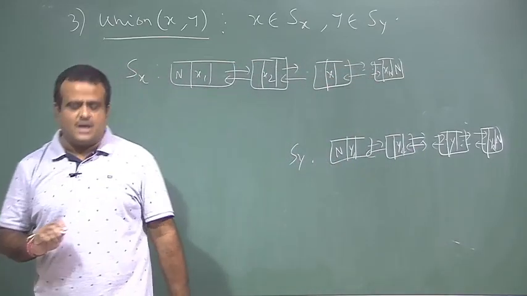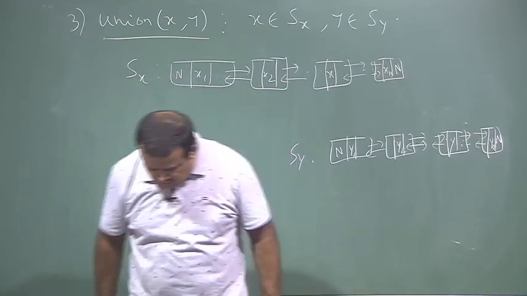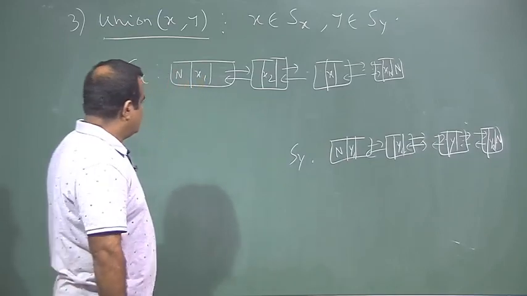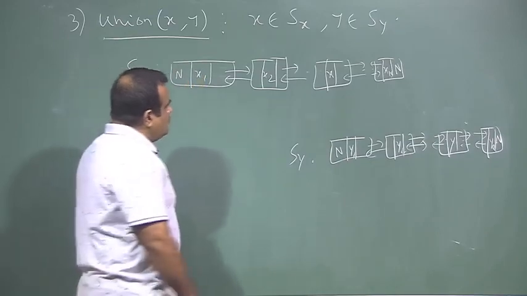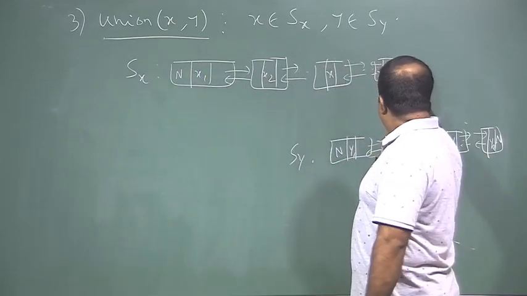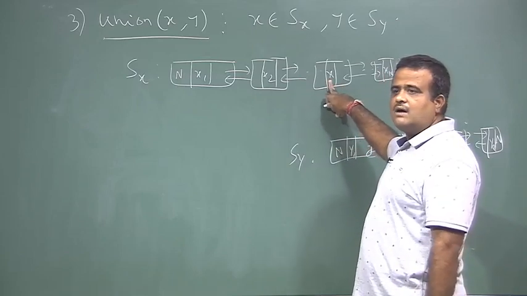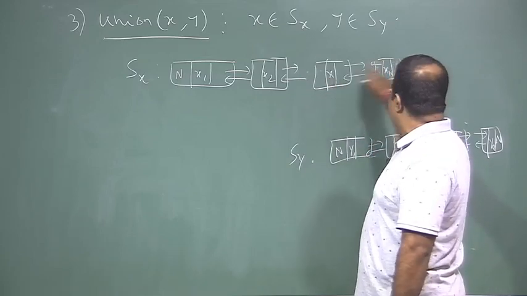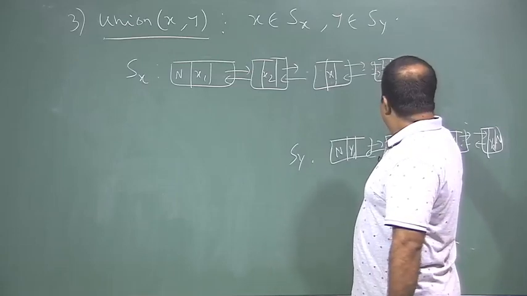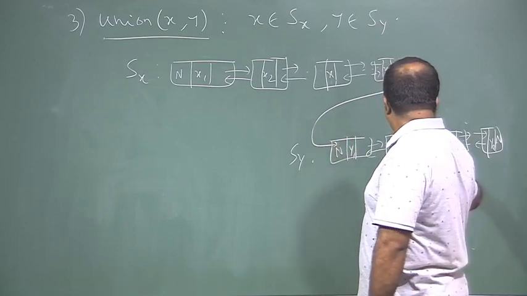Now, we want to perform the union operation on this two set. So, in order to perform the union operation, what we do? We just connect this. So, one set say we just connect this. So, this null. So, we reach to S x. Now, after that we have to reach to the end of this set. So, then we connect this with this and we know S y, we know y.